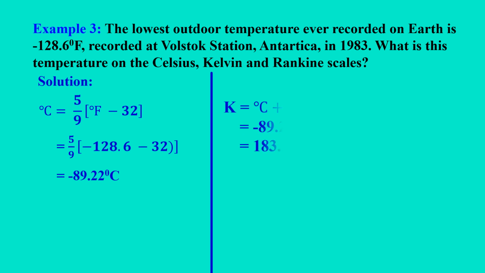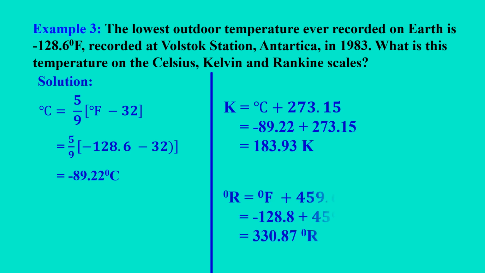To solve for the Kelvin, we add 273.15 to degrees Celsius, which is now negative 89.22, and we get 183.93 Kelvin. And degrees Rankine equals degrees Fahrenheit plus 459.67, and we get a value of 330.87 degrees Rankine.